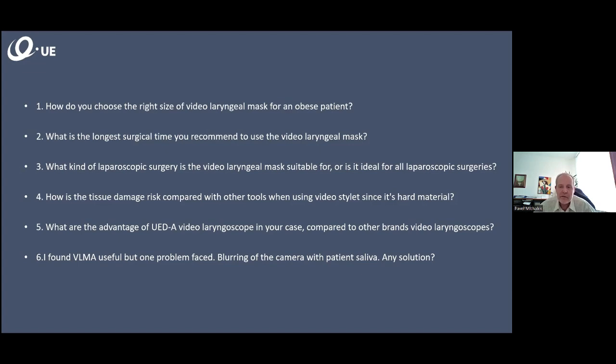The second thing is the selection of the patients. If you have patients with any kind of bleeding subject inside the airway, such as tumor of the tongue, epiglottis, or tonsils, or any other potentially bleeding thing inside your oropharynx, I wouldn't recommend using UE video stylet, but I would use a flexible endoscope instead.